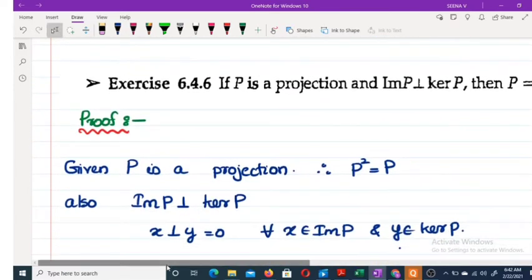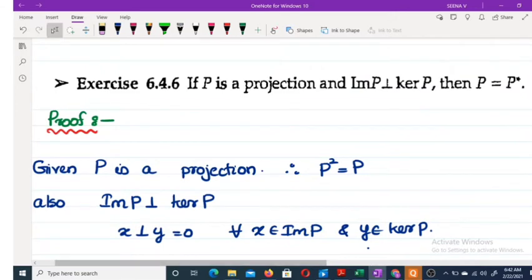Moving to the next result. If P is a projection satisfying the condition image P orthogonal to kernel P, then P equals P star. That means if P is a projection which satisfies the condition image P orthogonal to kernel P, then P is an ortho projection. Clear?